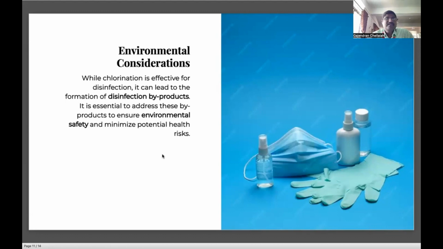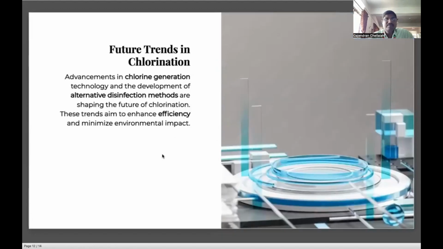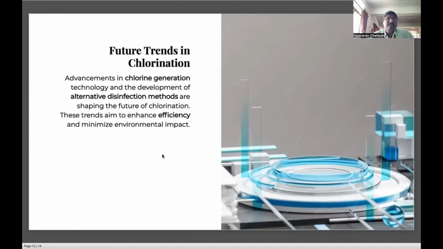It is essential to address these byproducts to ensure environmental safety and minimize potential health risks. Because we are treating the water against the components present in it, at the same time we have to ensure that the end product is disposed of in a proper way, or converted into a material which does not affect the health of the people or the environment.